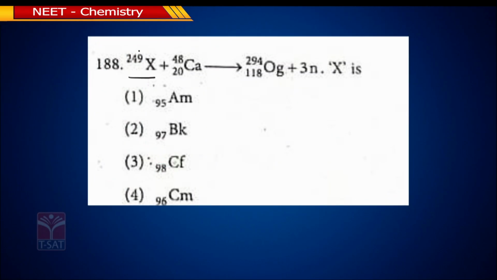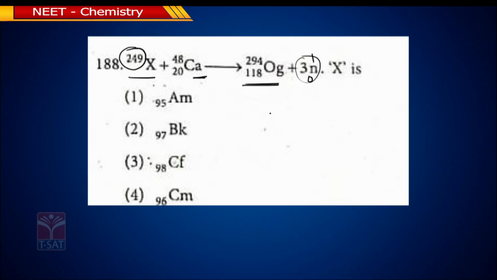Next, X is an element whose mass number is 249, which reacts with calcium and forms oganesson 118, 294 and 3 neutrons. A neutron's charge is 0 but mass is 1. So, what will be X?